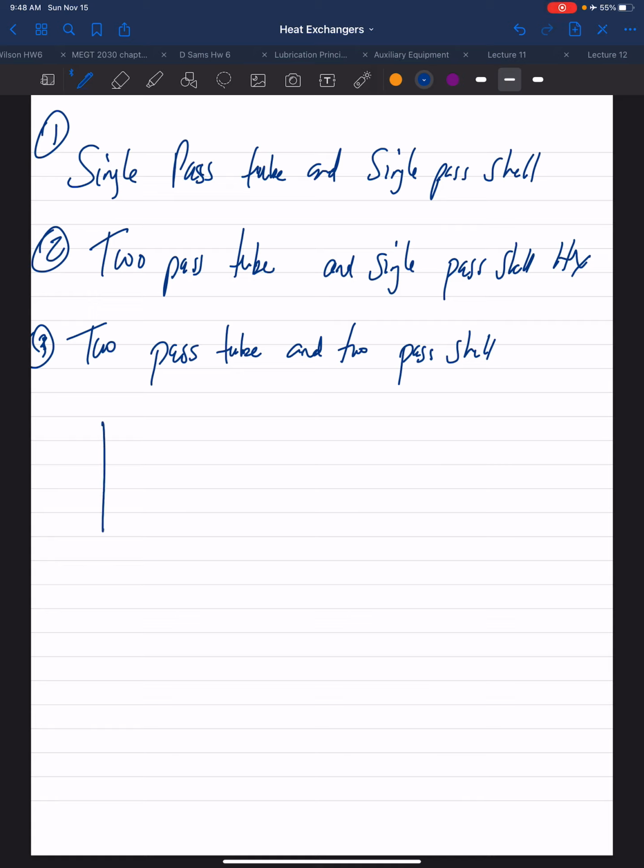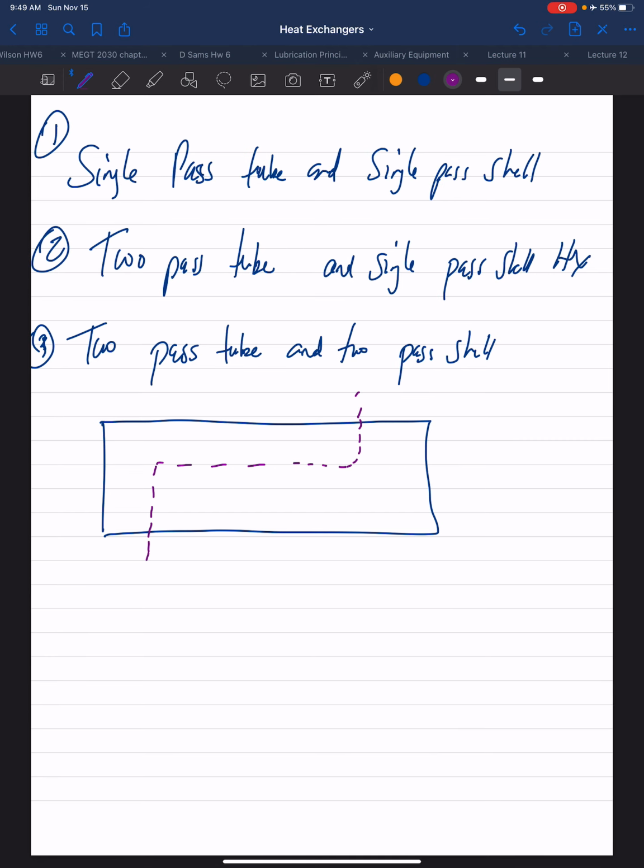So for example, in a single pass tube, single pass shell, this is shell side.